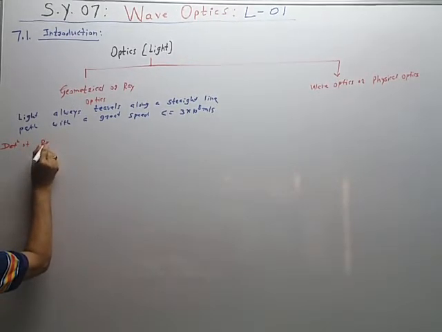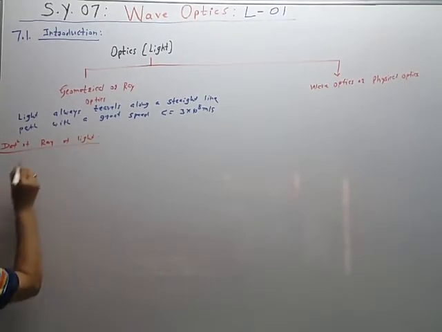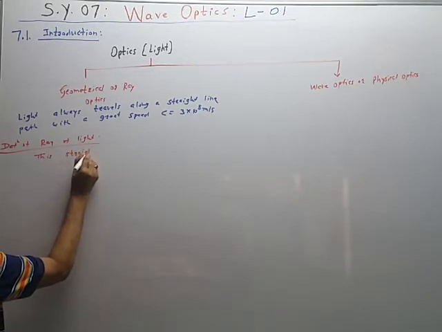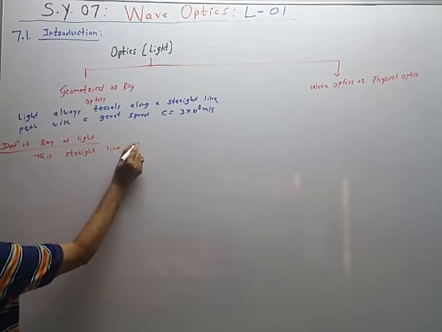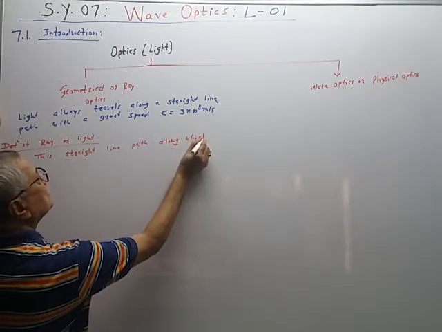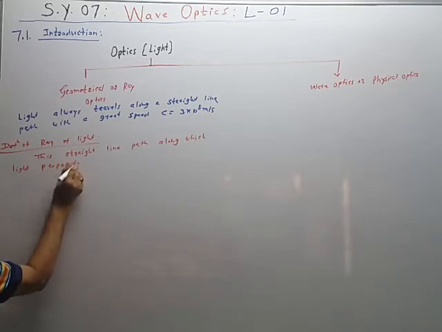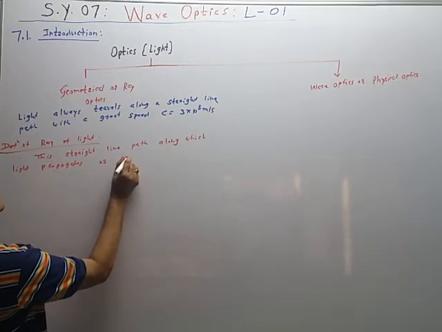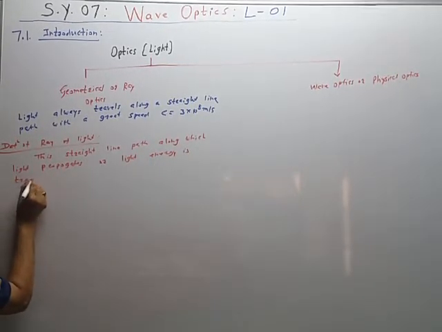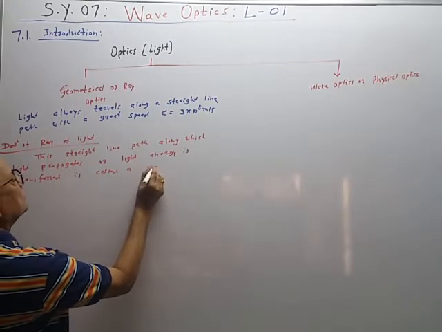Definition of ray of light: this straight line path along which light propagates or light energy is transferred is called a ray of light.